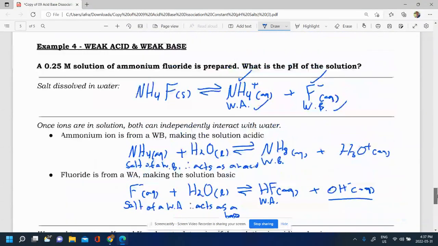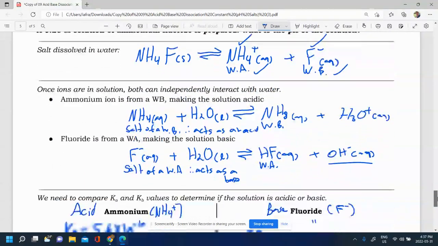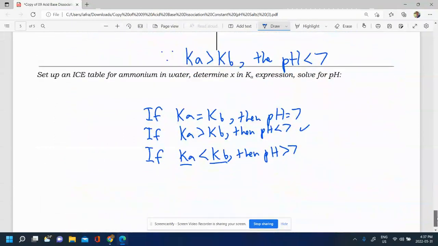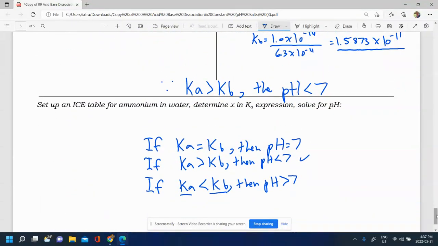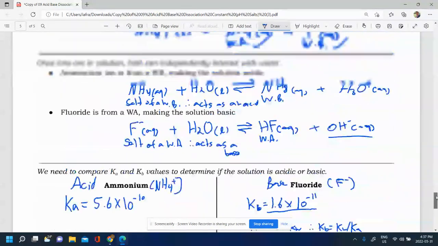So in general, for a weak acid, weak base salt that has both weak components, I would just expect you to be able to predict where the pH would lie. Would it be below 7, above 7, equal to 7, based on your comparison of the Ka and the Kb? We won't see these as often in grade 12, but it's still good to know in general where the pH lies by comparing the Ka and the Kb to each other.